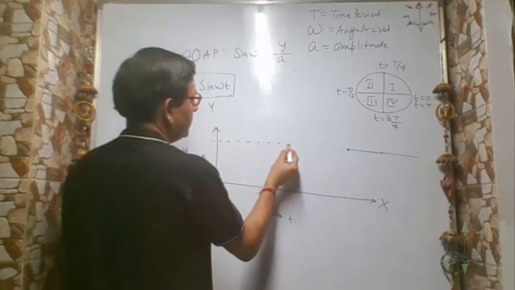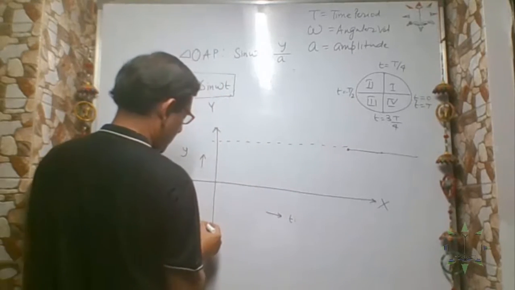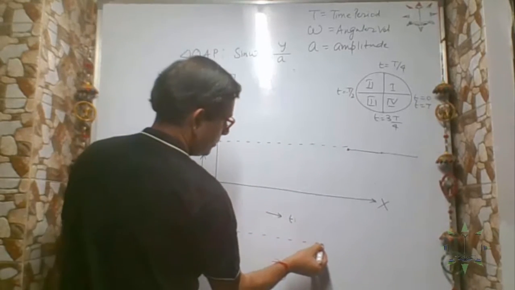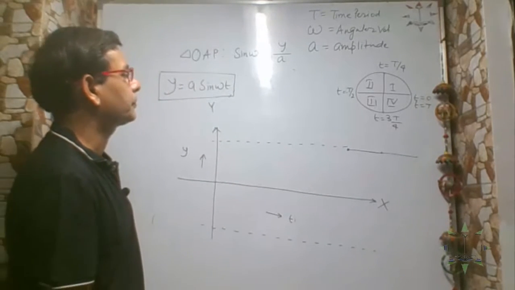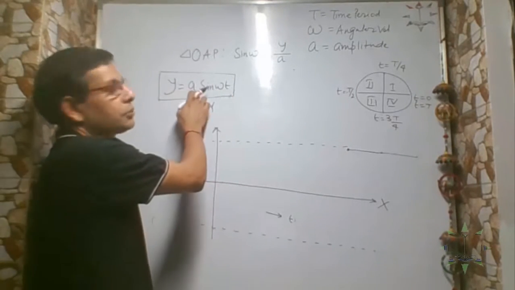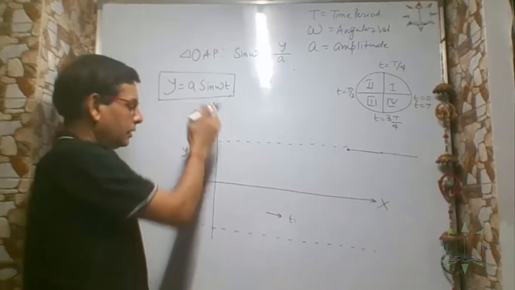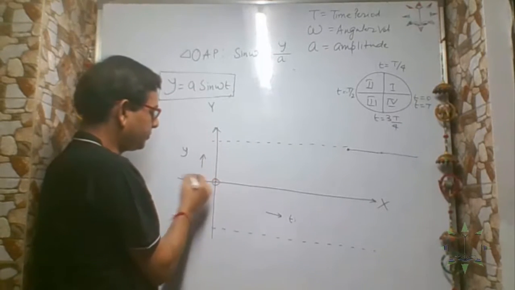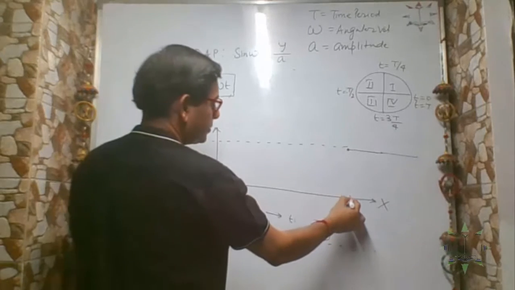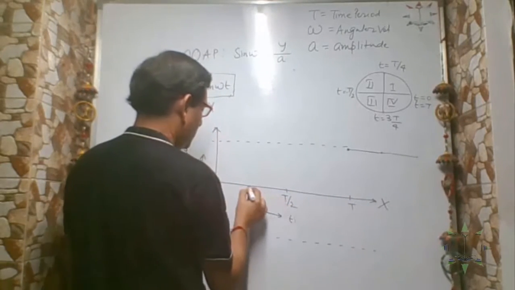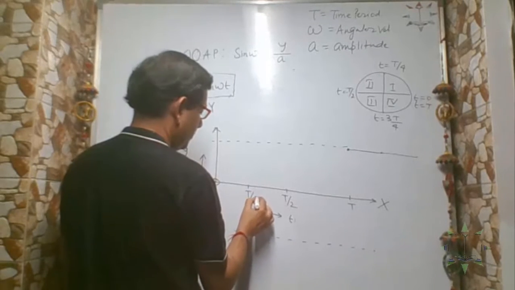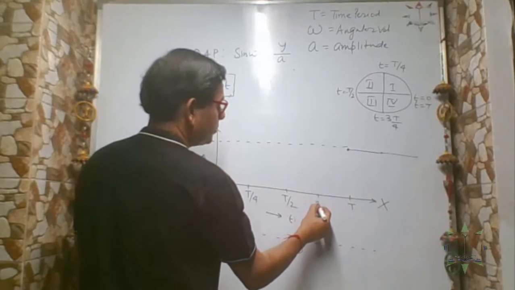Let us say this is the maximum displacement, so this is the amplitude. At t equal to 0, y is 0. If the total time is T, then this is T by 2, this is T by 4, this will be 3T by 4, correct?